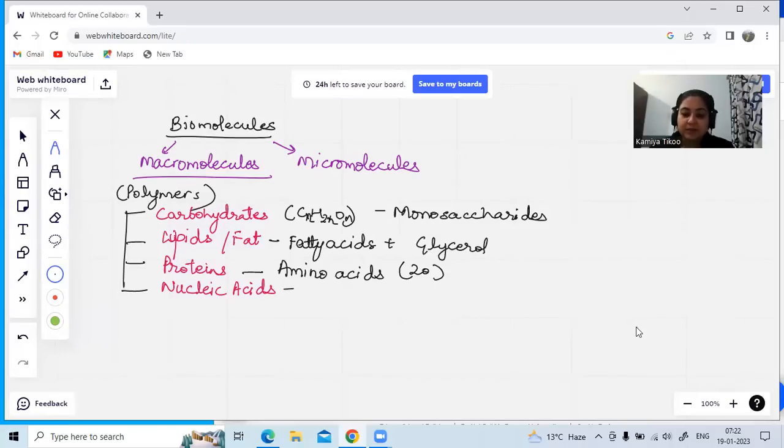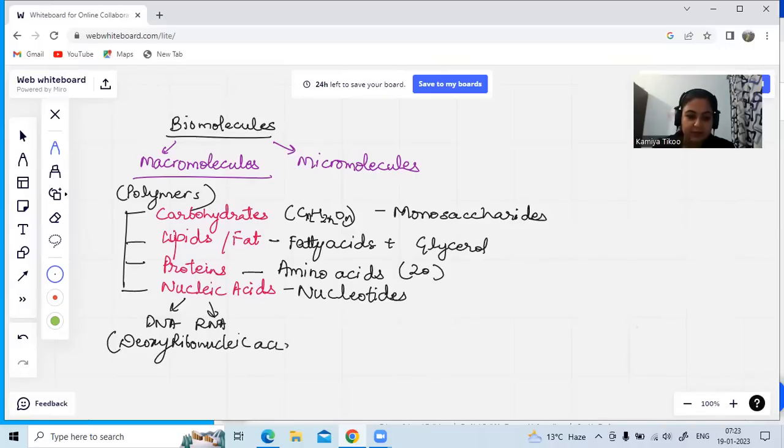Nucleic acids, the monomers of nucleic acids are called nucleotides. Nucleic acids are of two types, DNA and RNA. DNA is deoxyribonucleic acid, and RNA is ribonucleic acid.